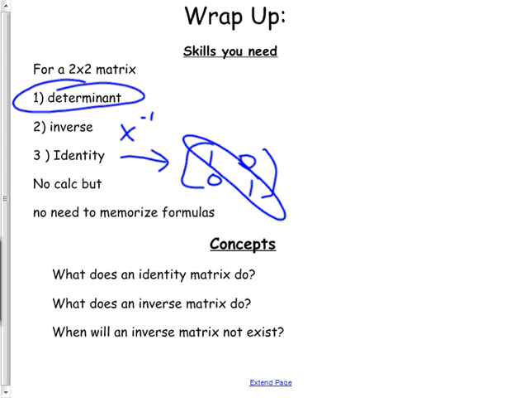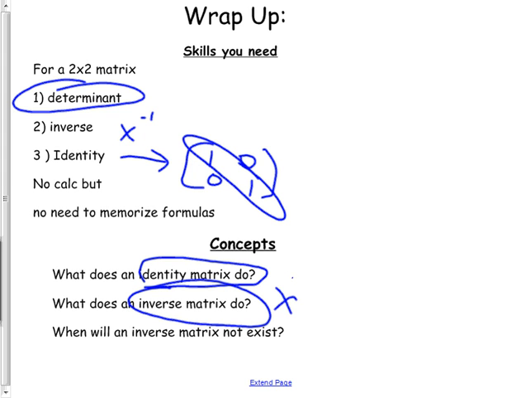You're not going to use calculators today on your homework because we're making them easy enough that you can do them by hand. And what does an identity matrix do? It keeps the thing's identity. So when you multiply by it, it stays the same. What does an inverse matrix do? It makes it flip. So instead of 2/5 turning into 5/2, for a matrix, it does that same thing.